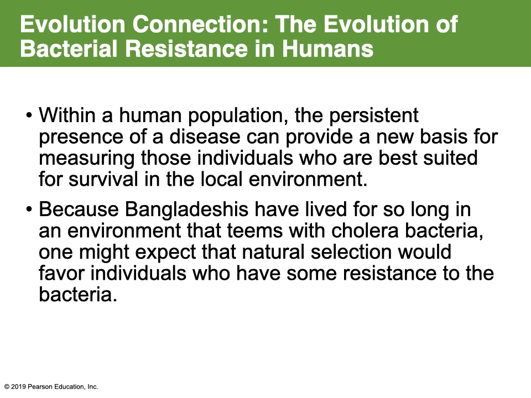Now, within a human population, the persistent presence of a disease can provide a new basis for measuring individuals who are best suited for survival in the local environment. Because Bangladeshis have lived for so long in an environment that is teeming with cholera bacteria, one might expect that natural selection would favor individuals who have some resistance to that bacterium.